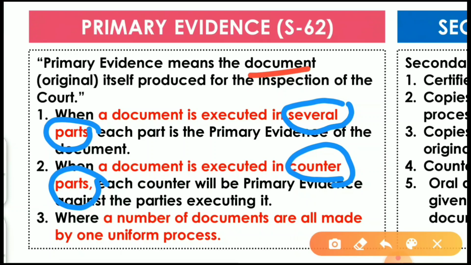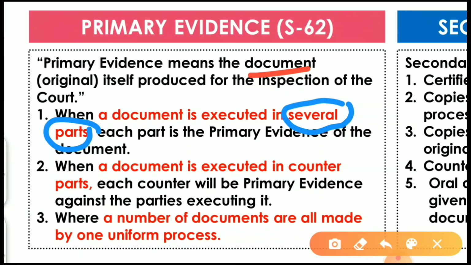The third kind is where a number of documents are all made by one uniform process. Each such document is known as primary evidence according to section 62. Coming to the first one, when a document is executed in several parts, each part is a primary evidence of the document.